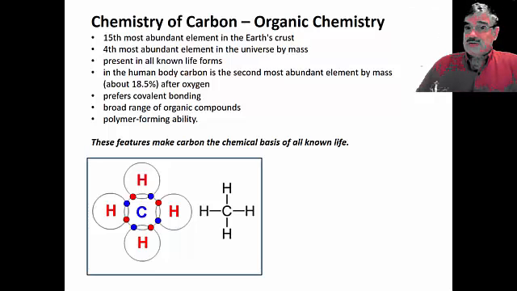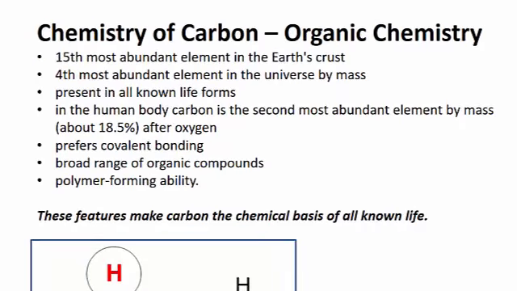To give you some perspective about carbon, there's a lot of carbon in the universe. It's the fourth most abundant element in the universe. Of course, hydrogen and helium are the most abundant. In terms of the Earth's crust, it's the 15th most abundant element.